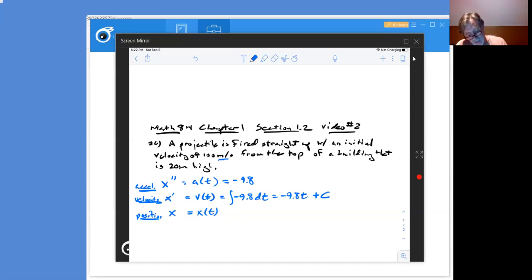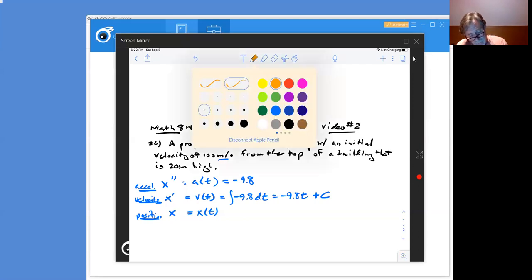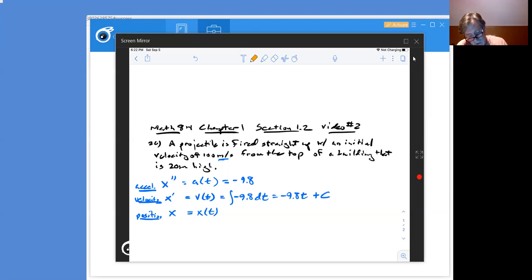But when you take this information, it says an initial velocity of 100 meters per second. What that means in our notation is v of 0, when you start the clock, is going upward 100.